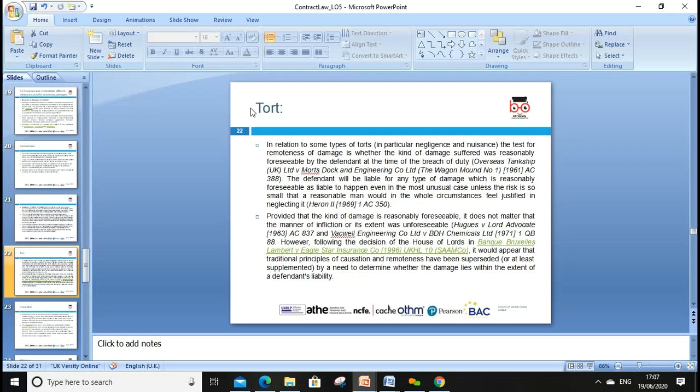Do we know what tort law is? Is it a type of contract law? It is not part of contract law; it is part of civil law. Tort law covers negligence. Like you have a duty of care for your children.